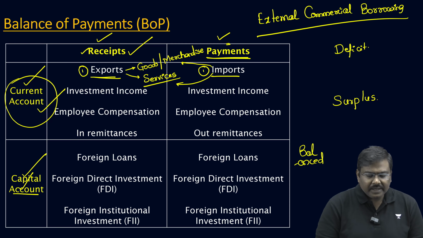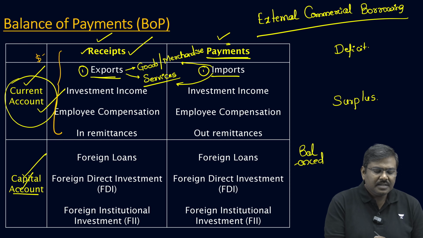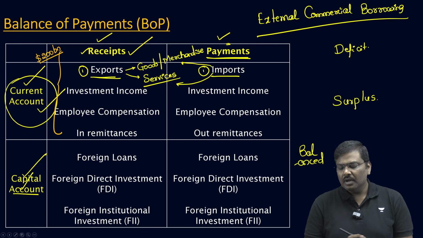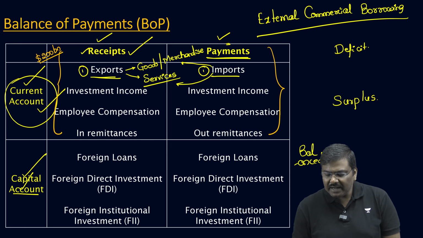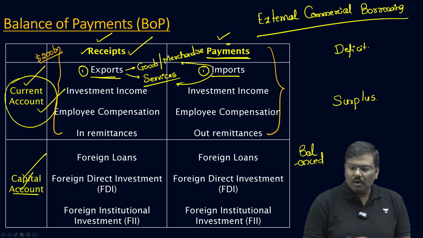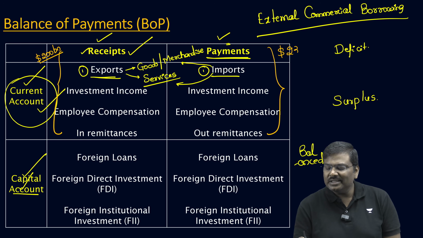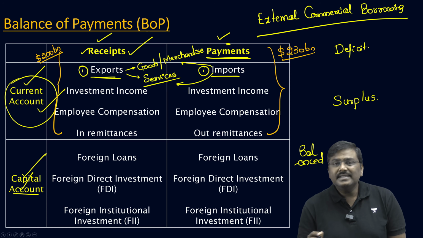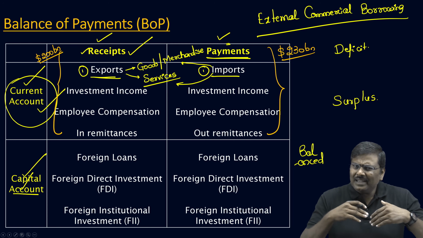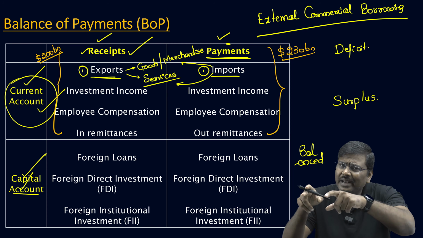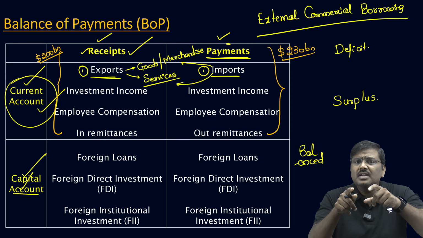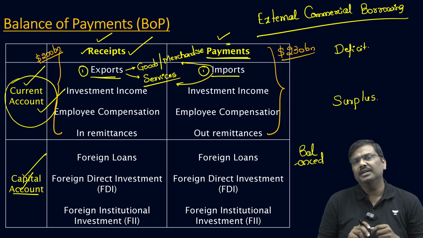Let's say in case of the receipt side in the current account, the total is, let's say, $200 billion, just an arbitrary number. Whereas in case of the payment side, the sum total of the current account is, let's say, $230 billion. In such a case, there will be a net outflow of $30 billion from India to the rest of the world, and this is called a current account deficit.